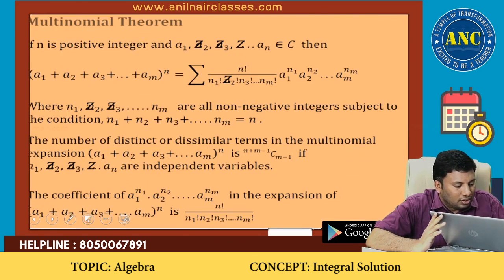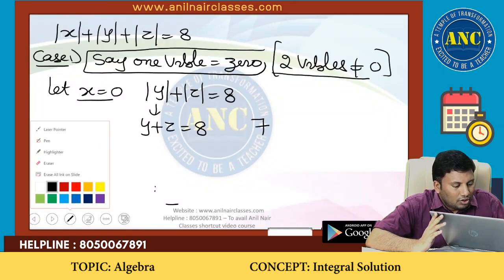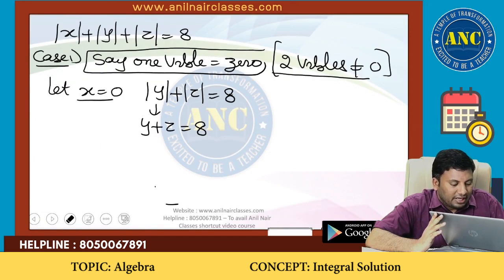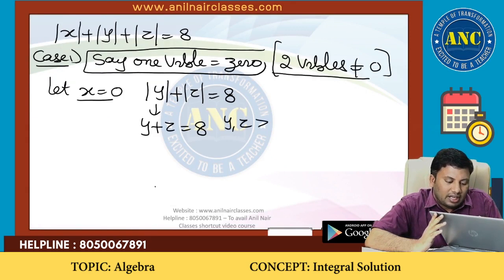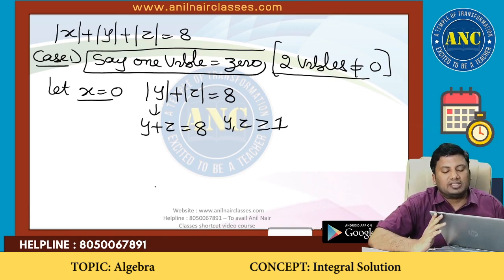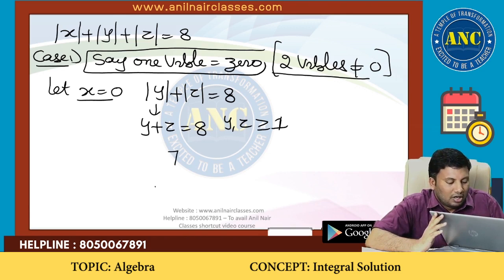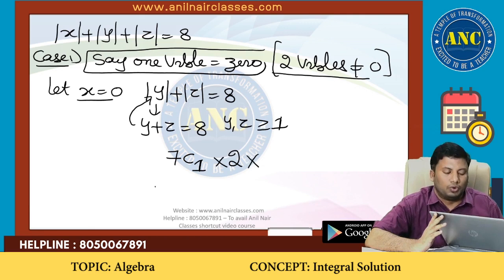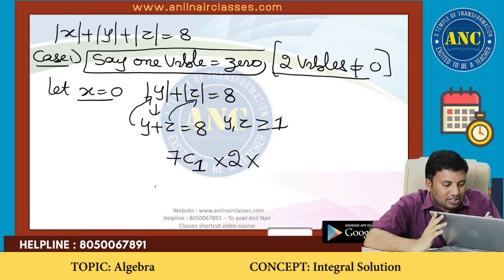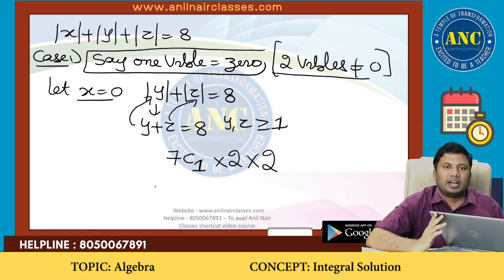Now see, y, z not equal to 0 means y, z are greater than or equal to 1. 8 balls, there are 7 gaps, 7C1. Y can be inside positive, inside negative, into 2. Again, Z can be positive or negative. 7C1 into 2 into 2.